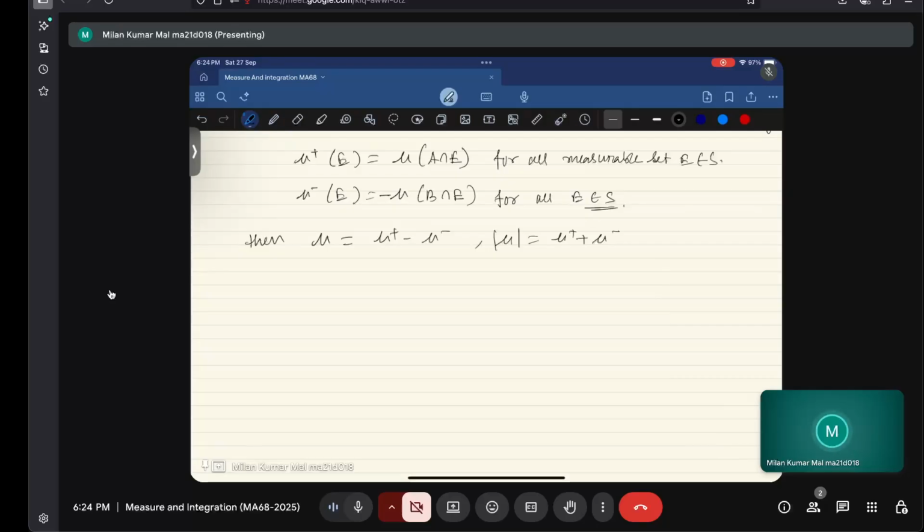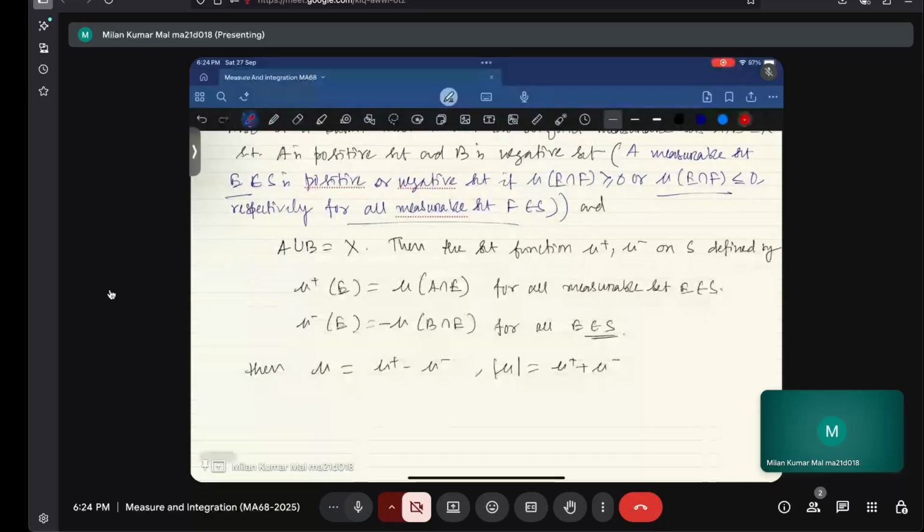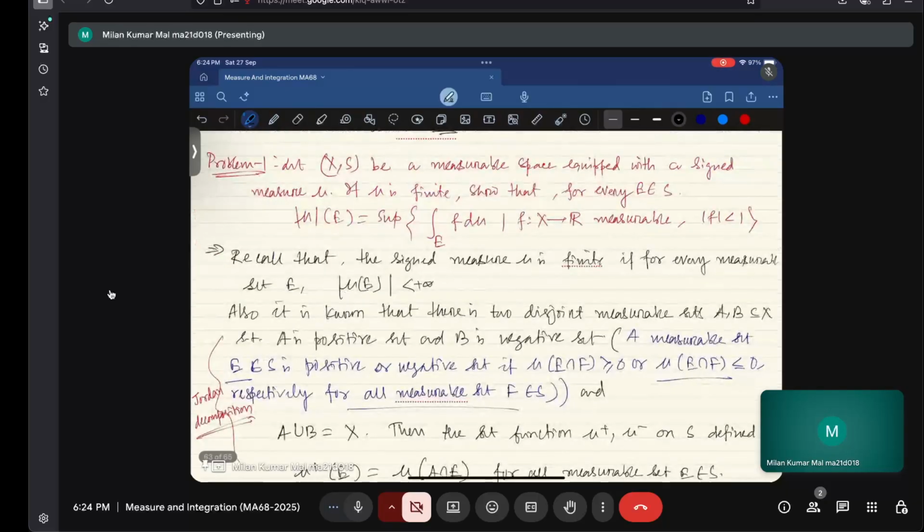This decomposition is called the Jordan decomposition, the Jordan decomposition of a signed measure.